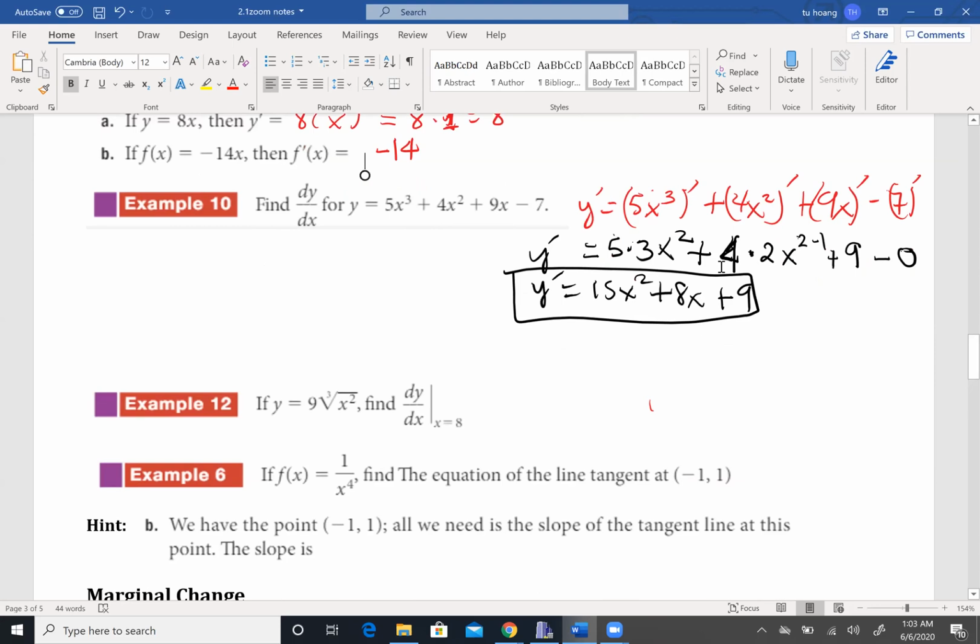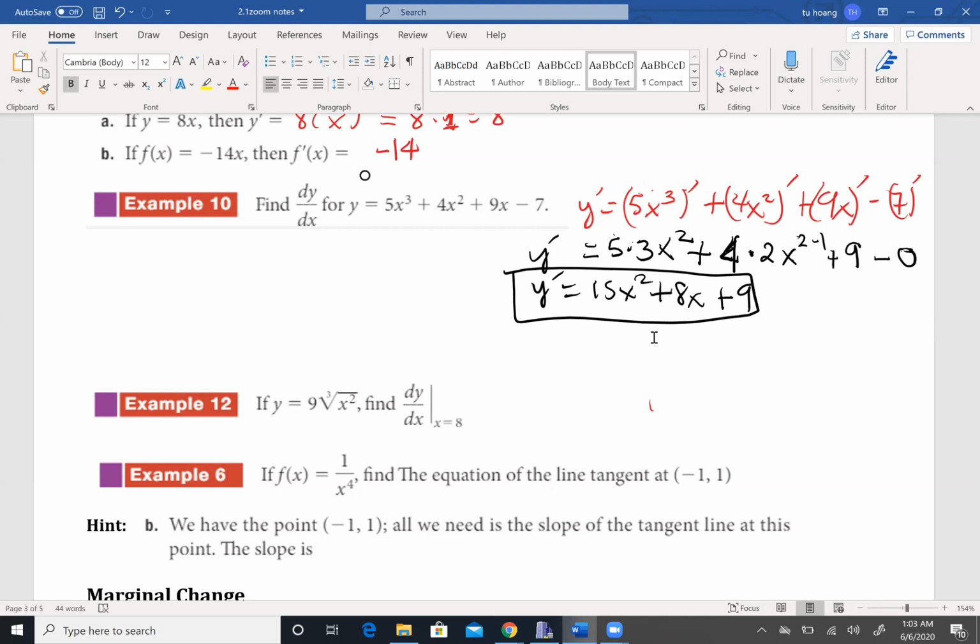Now move to example 12. I have a radical function in here. So maybe you guys are going to think, how can we apply the power rule to a radical function? Again, you still have to change the radical to power form.